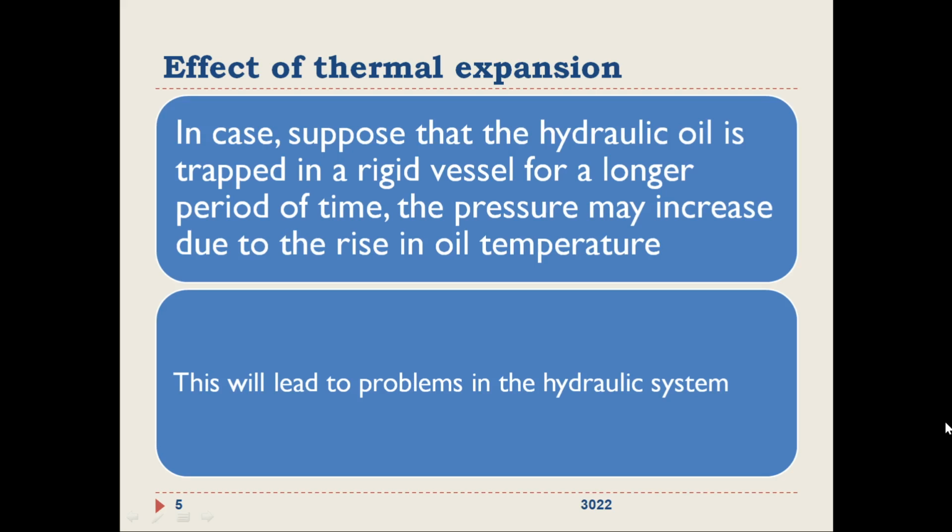This will lead to problems in the operating hydraulic system, with material effects and so many other problems. The properties of the oil may also change. All these are the effects of thermal expansion, or volumetric change due to temperature change.